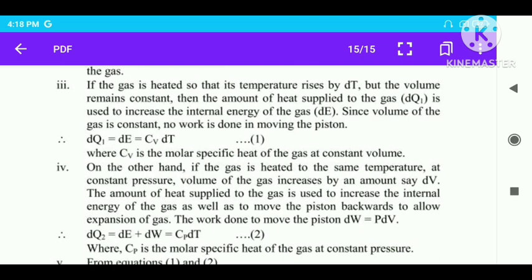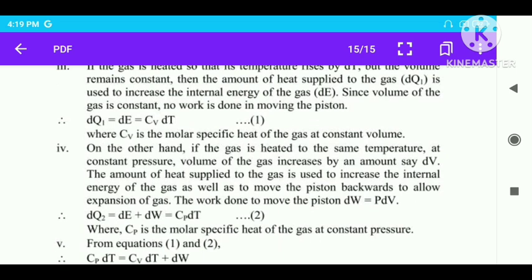Third, if the gas is heated so that the temperature rises by dT but the volume remains constant, then the amount of heat supplied to the gas, dQ1, is used to increase the internal energy of the gas. Since the volume of the gas is constant, no work is done in moving the piston.